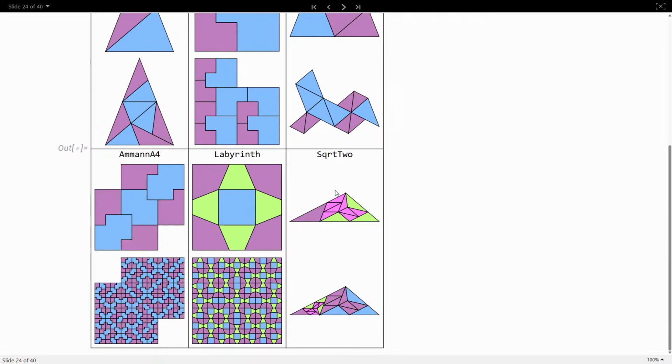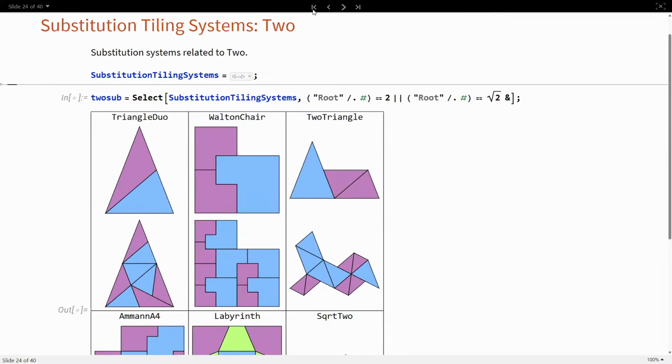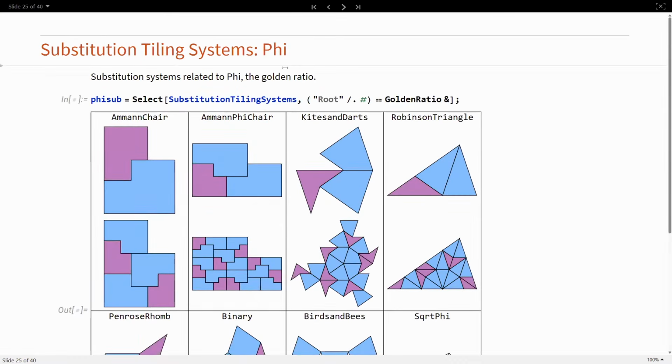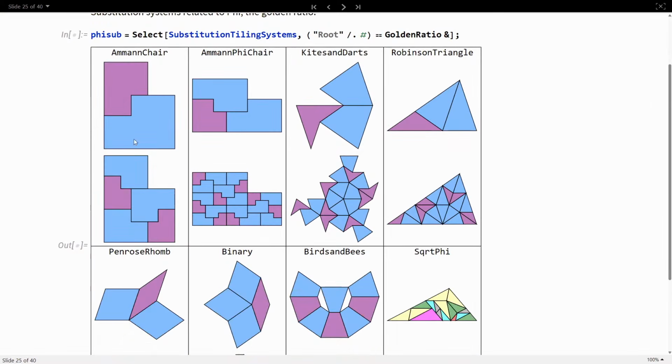So here's the square root of 2 tiling, one of the self-replicating tilings associated with the value 2, as is Amen A4. Here are substitution tiling systems dealing with phi. The Amen chair, also known as the golden bee by Carl Scherer.